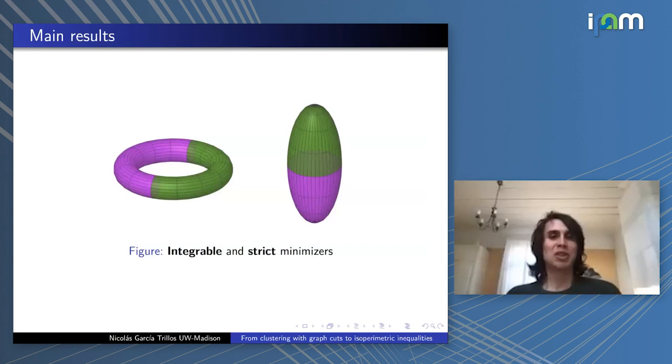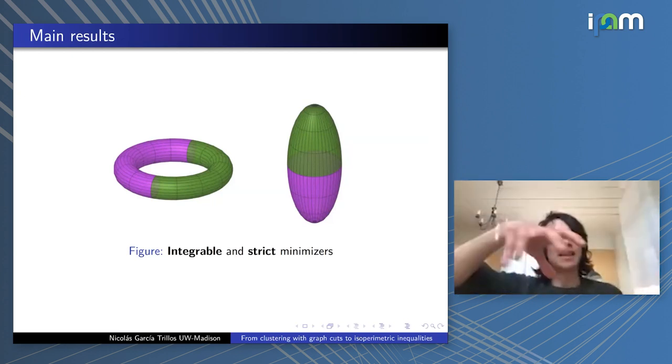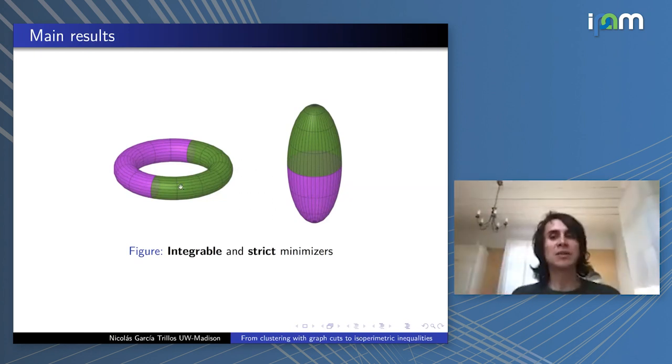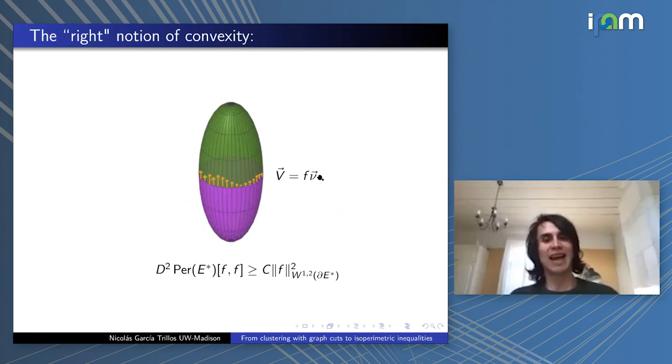Integrable and strict, in pictures. The one on the left is integrable because you can translate and you stay within the set of minimizers. The one on the right is strict because it has what I was trying to get to, which is this right notion of convexity.